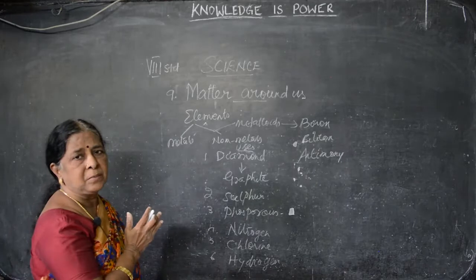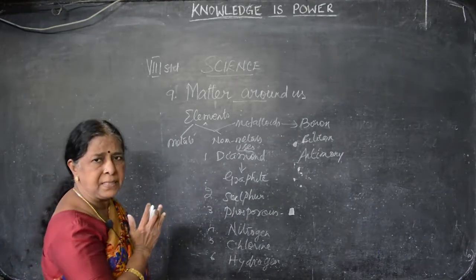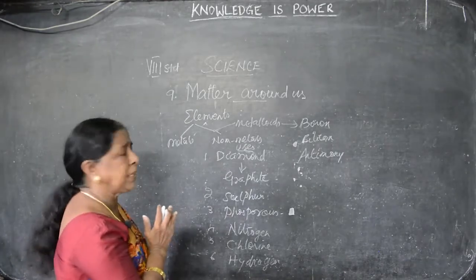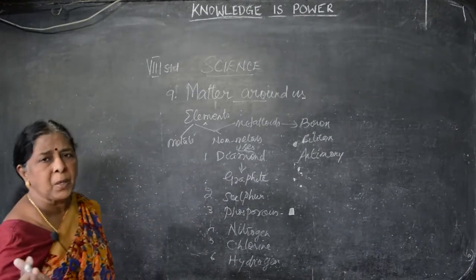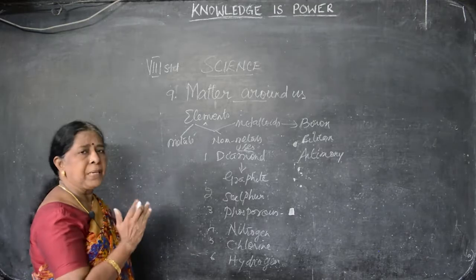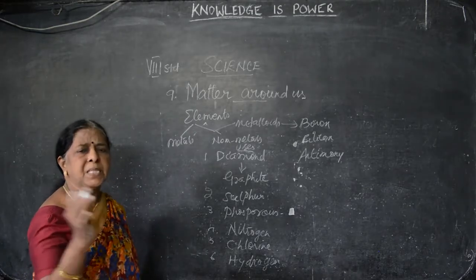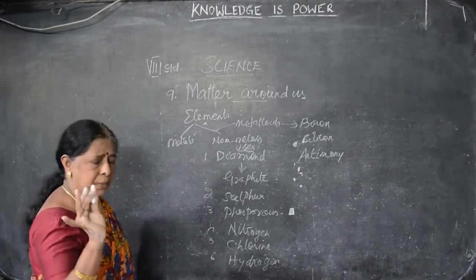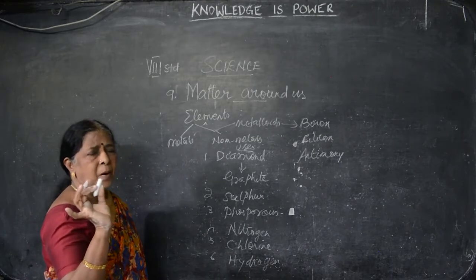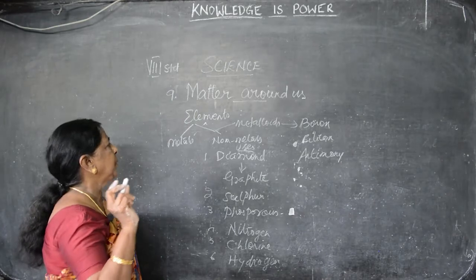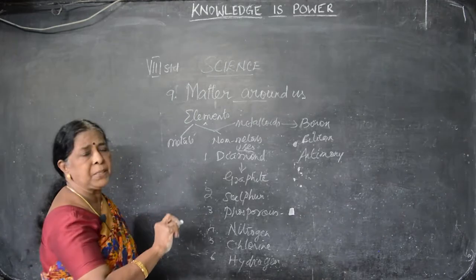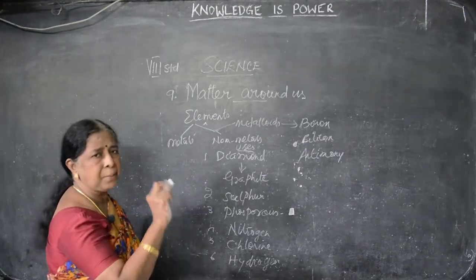So, children, what have you seen so far? What is matter? Matter is something that occupies space. It has mass. Atoms are the building blocks of matter. All the matter, whatever you see, either pencil, pen, rubber, is made up of atoms. Elements, further we divide them into metals, non-metals and metalloids.